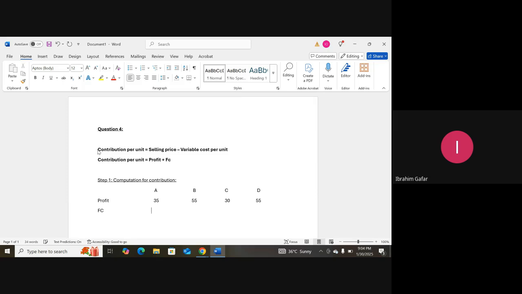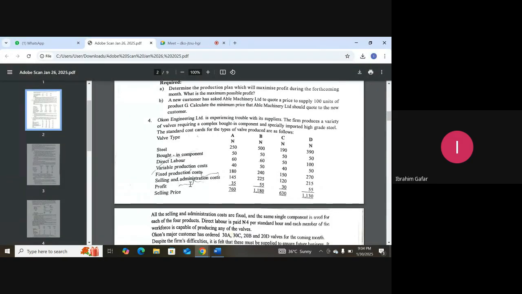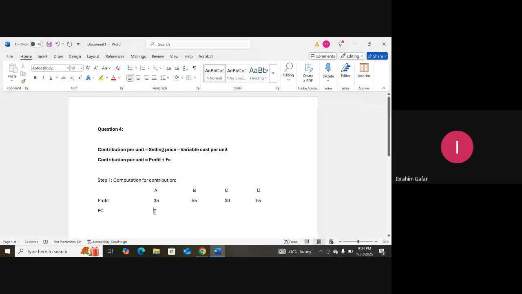The fees cost for A comprises of fees production and also selling and administration costs. These are fees costs in the question. 180 plus 145 will give us 325. Product B, 465.